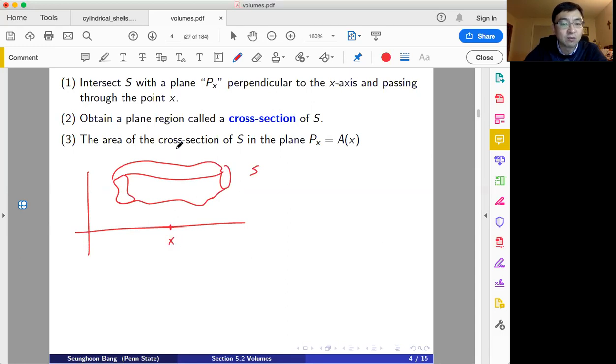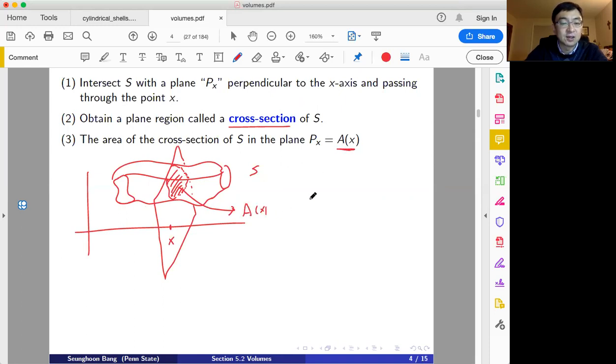You cut using a plane passing through the point x. So we have a region on the solid. We call this region a cross-section. Its area is A(x).